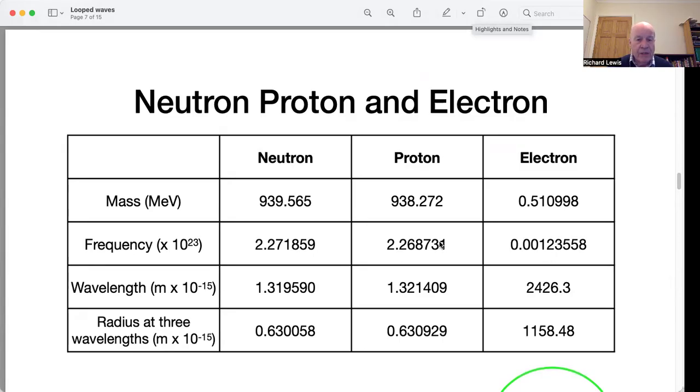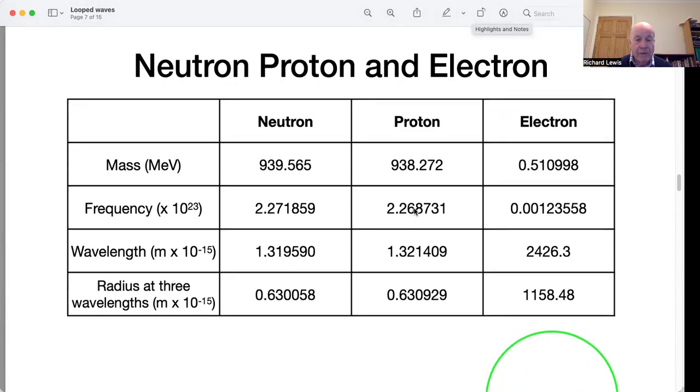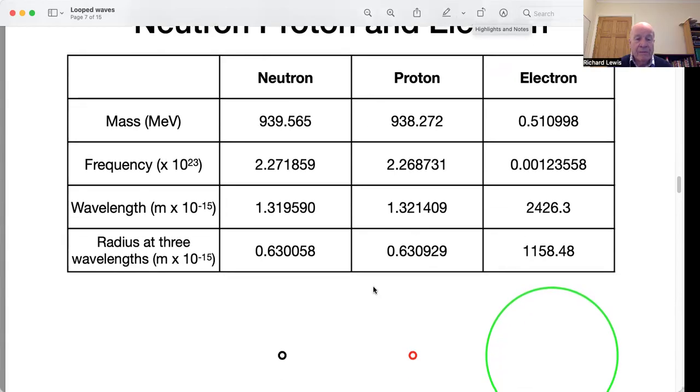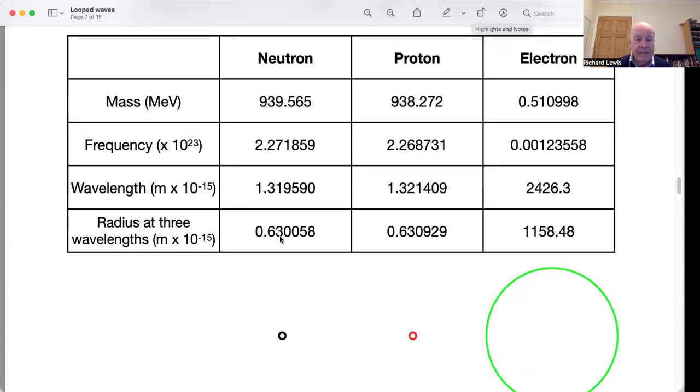So now this table shows the masses of the neutron, proton, and electron for comparison, and the frequencies, the characteristic frequencies and wavelength. And the radius, this is the effective radius of the neutron, the effective radius of the proton. Now, for the electron, I've shown, for comparison purposes, the radius of the loop when it's at 3 wavelengths, which is not normally the case, in fact.